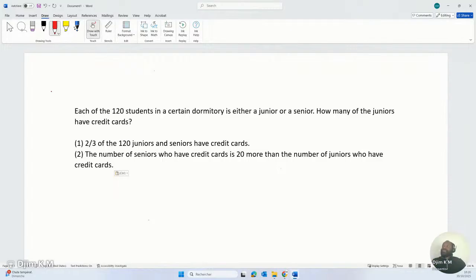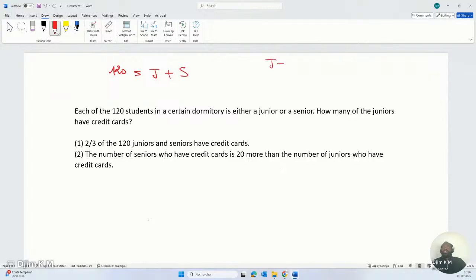Okay, so it says each of the 120 students in a certain dormitory are either junior or senior. How many of the juniors have credit cards? So we have 120 students equals junior plus senior.